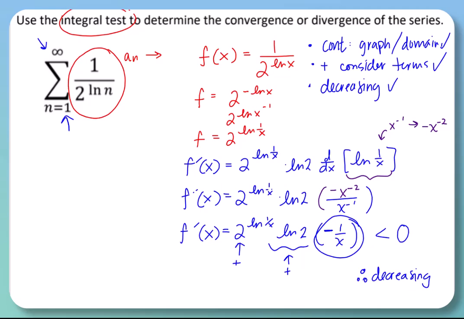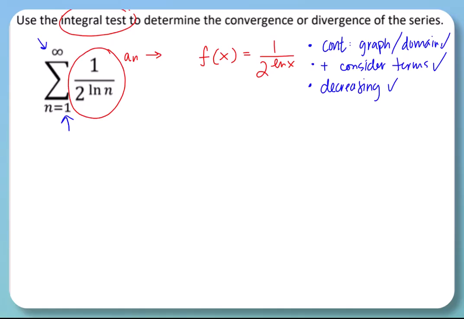So now that we've solved this problem, we can apply the integral test. Applying the integral test will involve treating this function such that it's an improper integral. So I'm going to rewrite this as an improper integral with bounds from 1 to infinity.